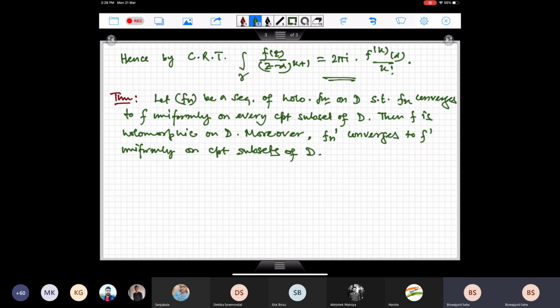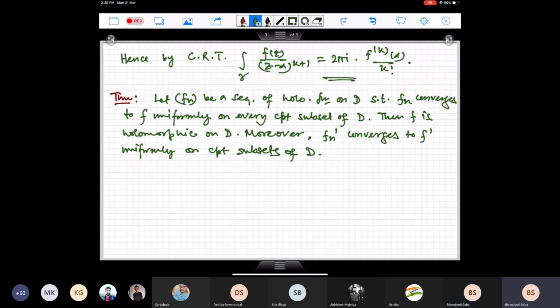Okay, so what it says is that whenever I have a sequence of holomorphic functions and the sequence converges uniformly on compact subsets, then the limit function itself is holomorphic, and the derivatives of the sequence also converge to the derivative of the function, and that convergence is also uniform.